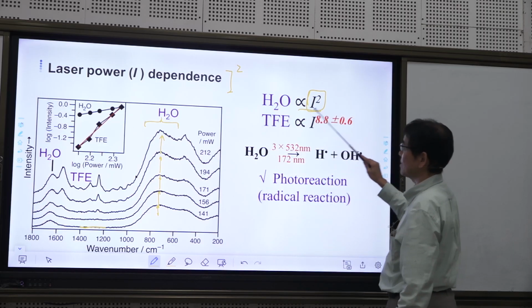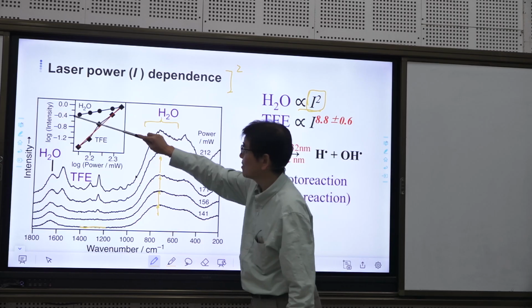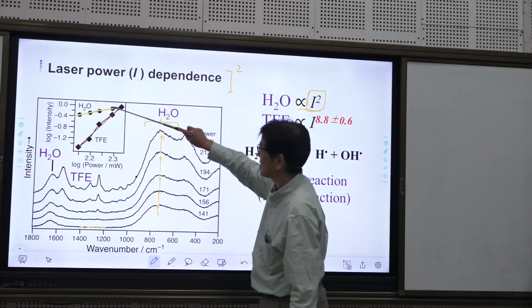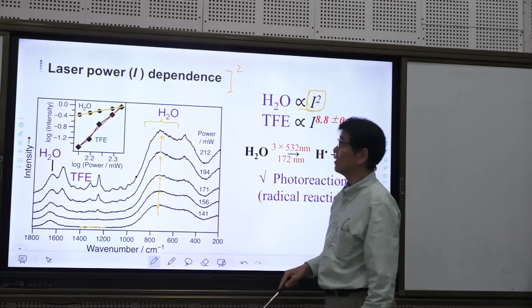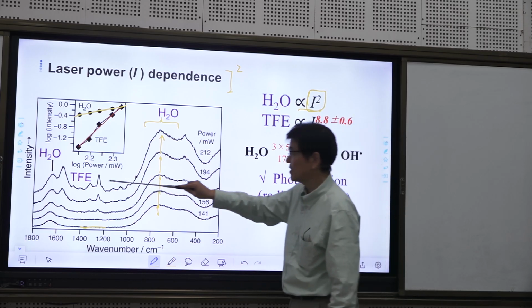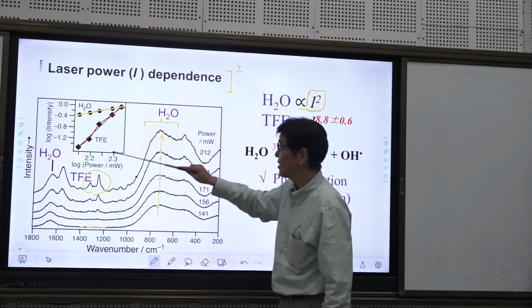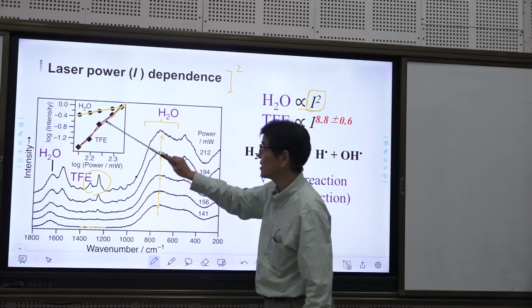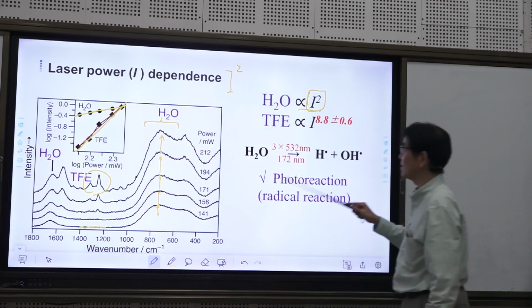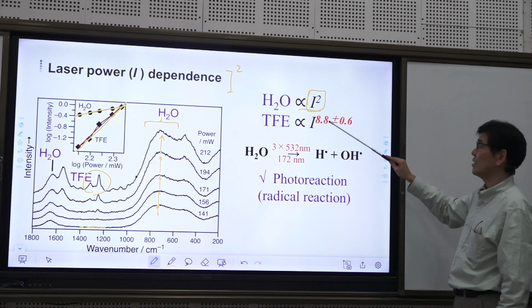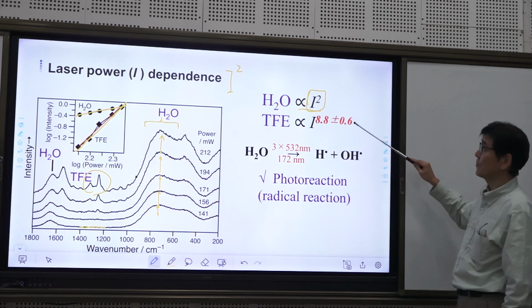The expected power dependence slope is something like this, and the hyper-Raman signal of TFE has a sharper dependence: I to the 8.8 plus or minus 0.6 power.